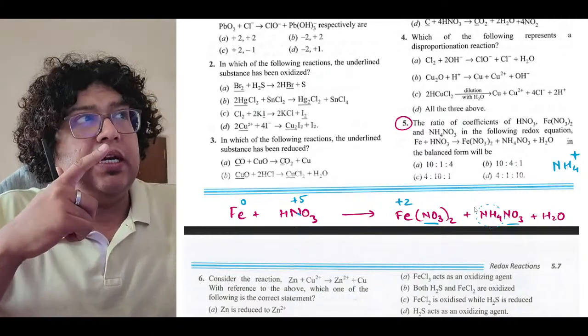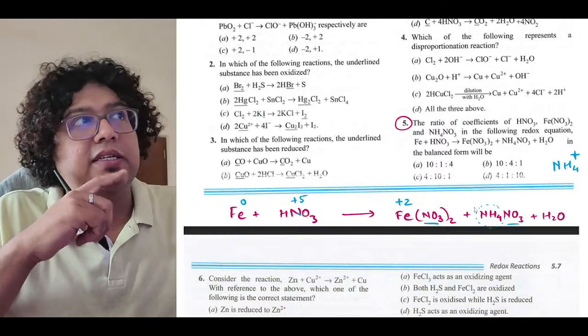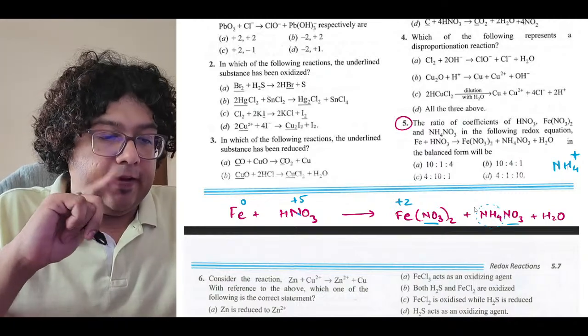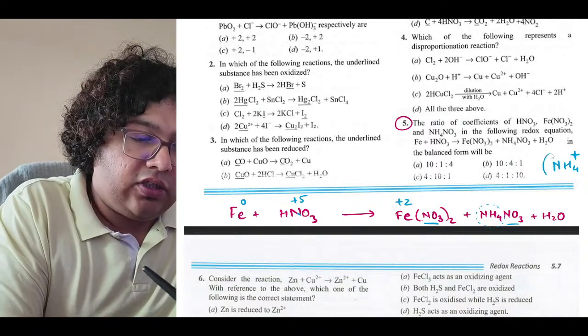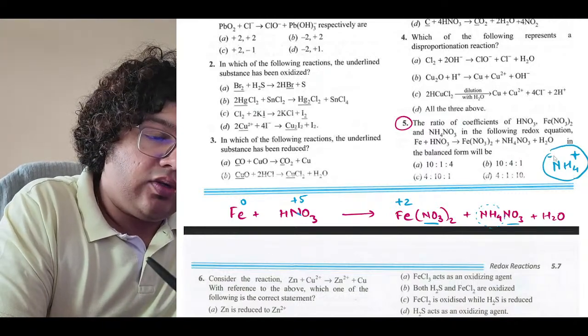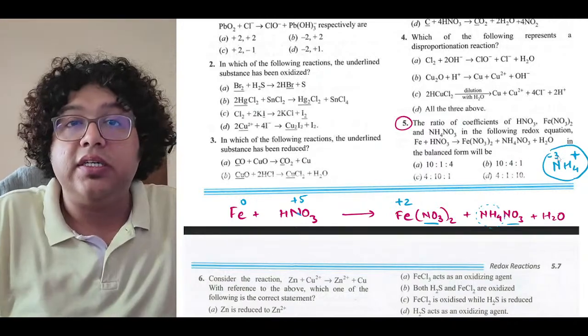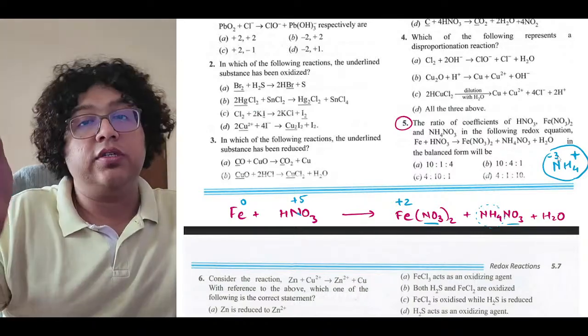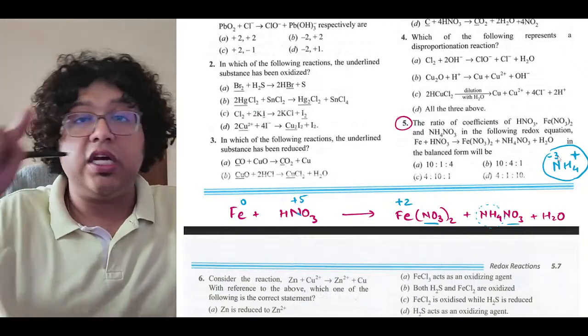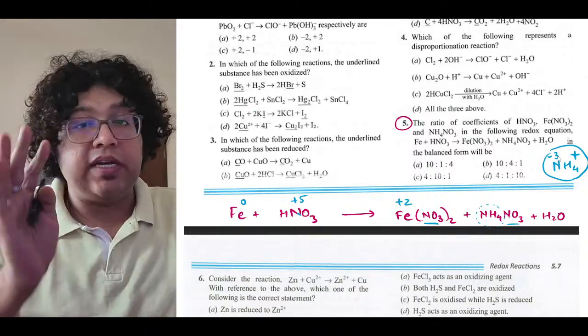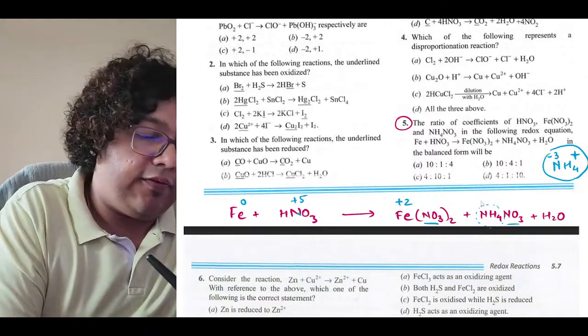Yes, we did it in the class, you remember that. So in the case of the ammonium ion, nitrogen has to be in -3 oxidation state because there are 4 hydrogens which are +1, +1, +1, +1, which means the total charge is +1, so the +3 has to be cancelled out by -3 of nitrogen.